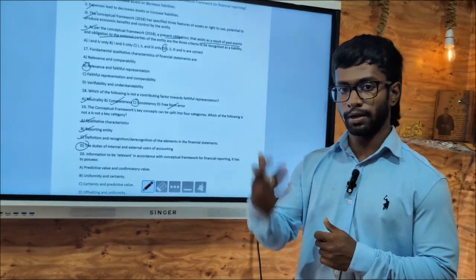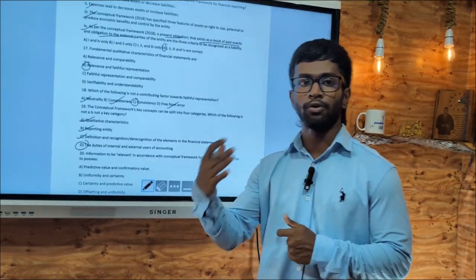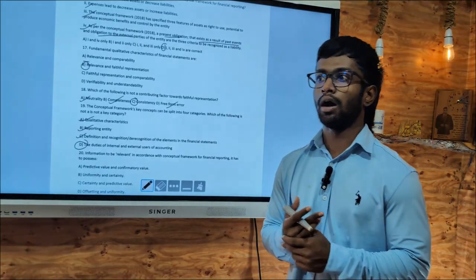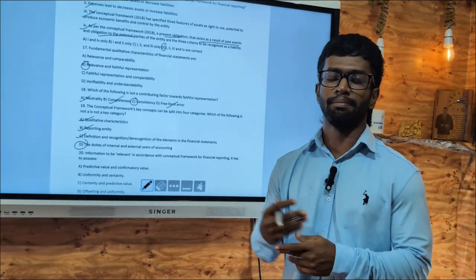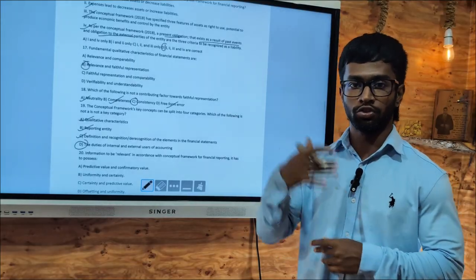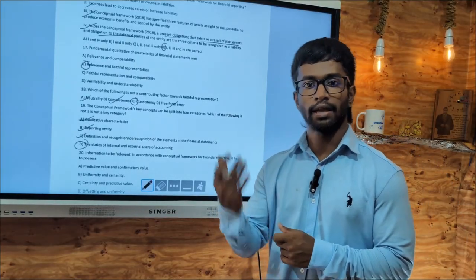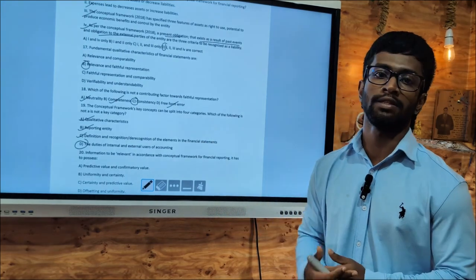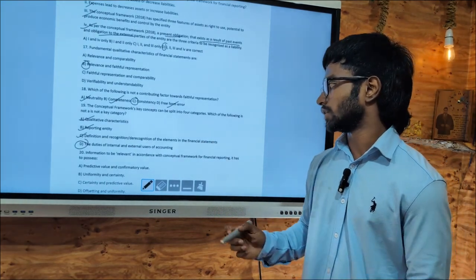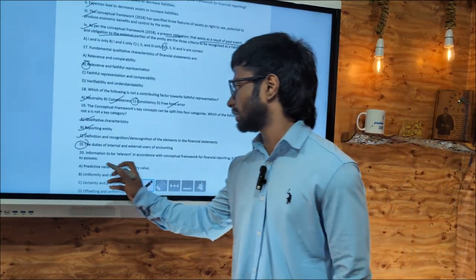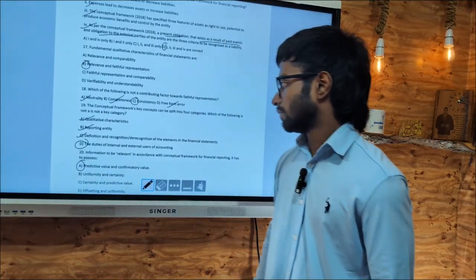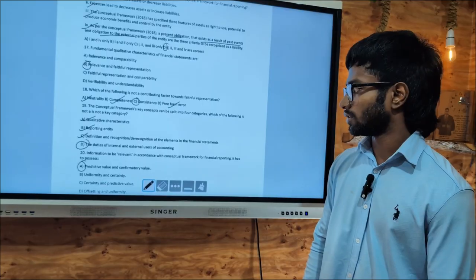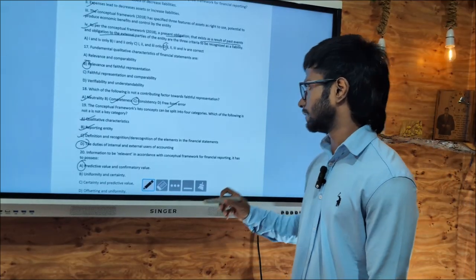You should get a predictive value, and you should be able to confirm that it had actually happened. For example, how debtors got bankrupt, you show it as a note, and from that they can get a confirmation that this has actually happened. So it is relevant if it has predictive value and if it provides confirmatory value. So for 20, it should be answer number 3.